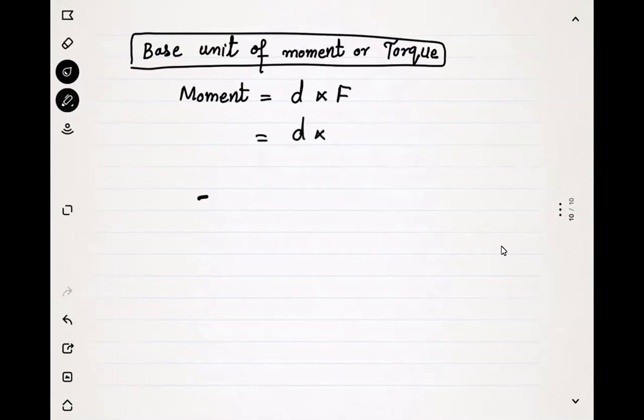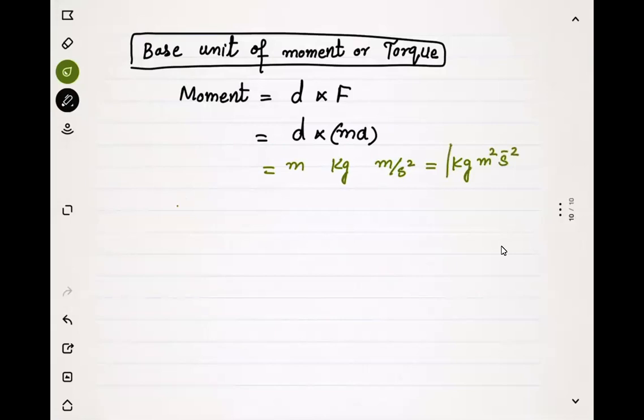So it is d cross ma, and if we substitute the units, d could be written in meters, and m is in kilograms and a is in meter per second square. So finally it would become kilogram meter square second minus 2. This is the base unit of moment.